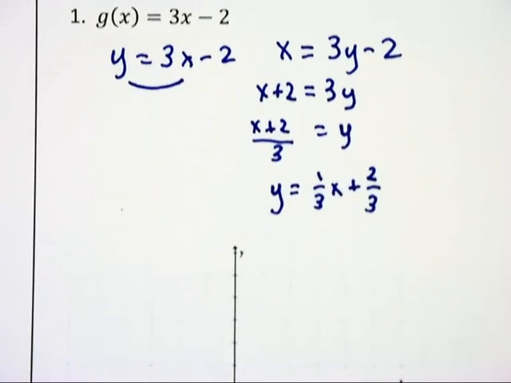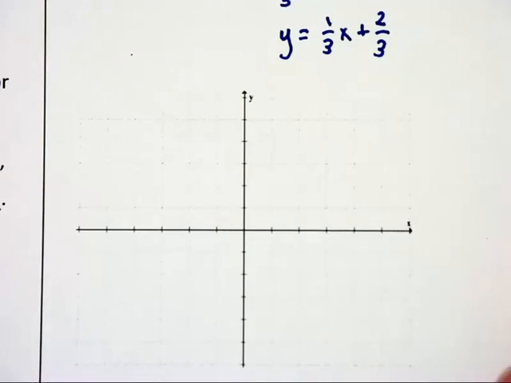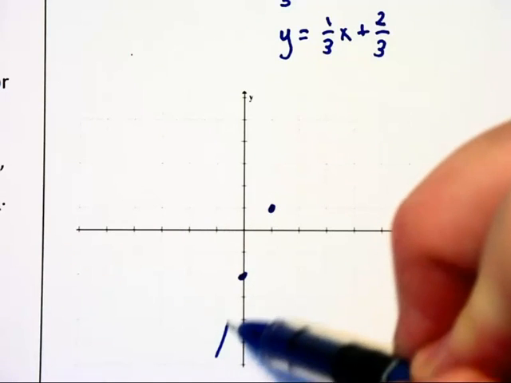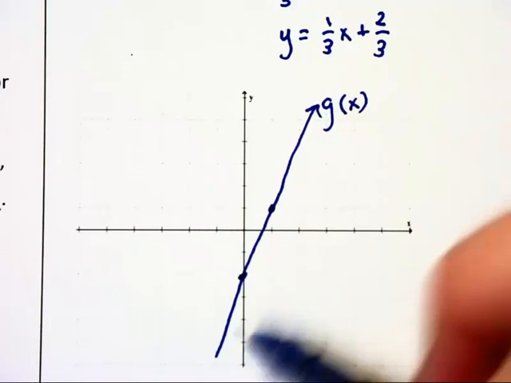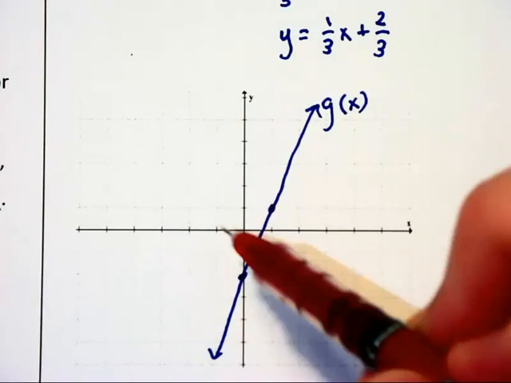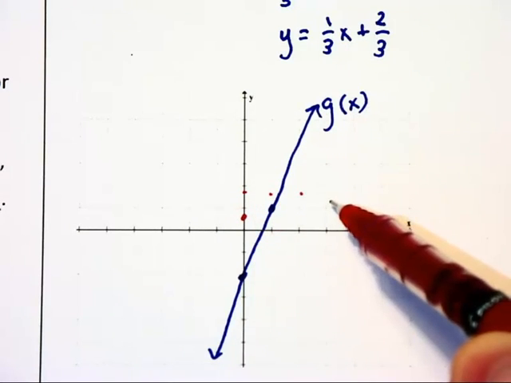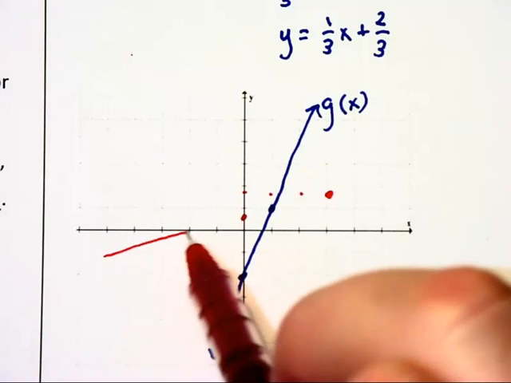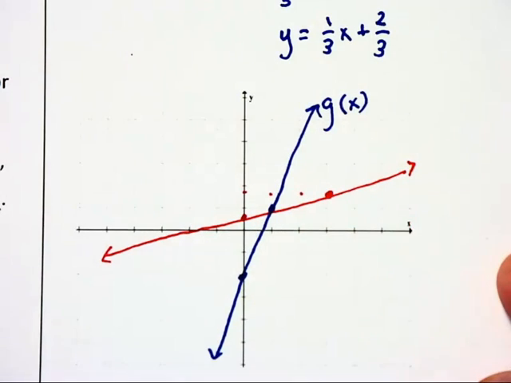Now, the original function g of x has a y-intercept of negative 2 and a slope of 3. So let's plot that. Y-intercept of negative 2, rise 3 and run 1 to get to our next point. And this will be the graph of g of x. Probably should put arrows on both ends. Now, this new graph has a y-intercept of 2/3 and will rise 1 and run 3 to get to this next point, and we can identify its line by crossing it through those two, and this will be the graph of its inverse.